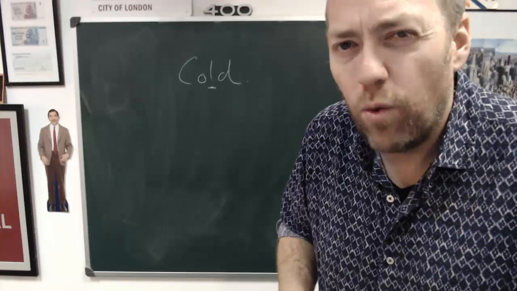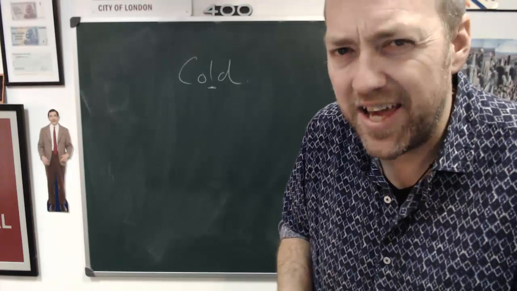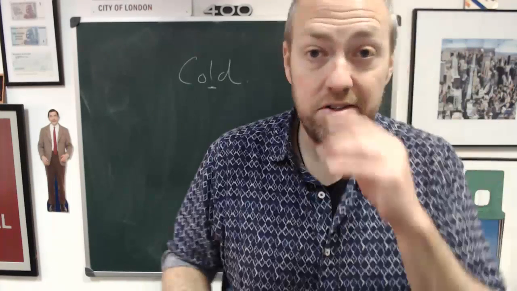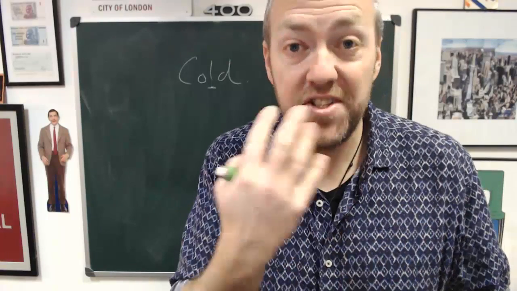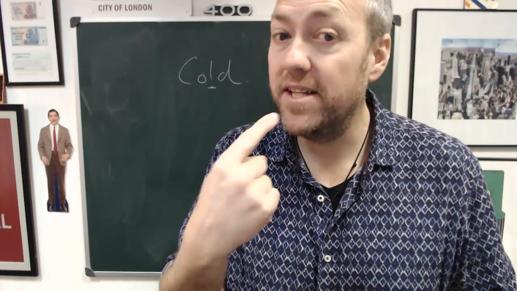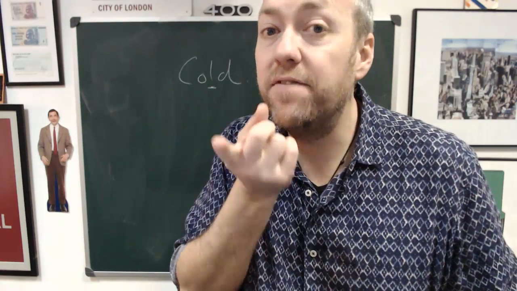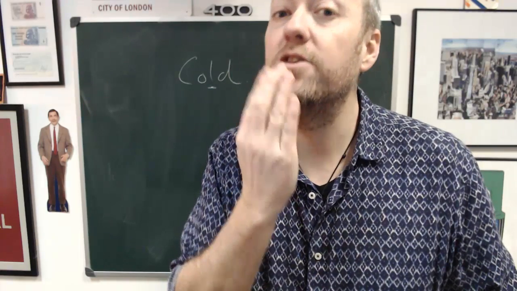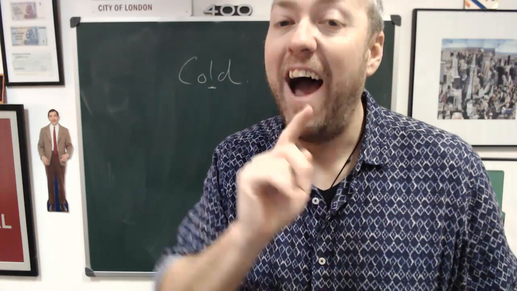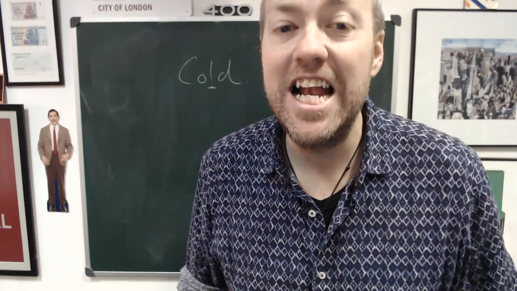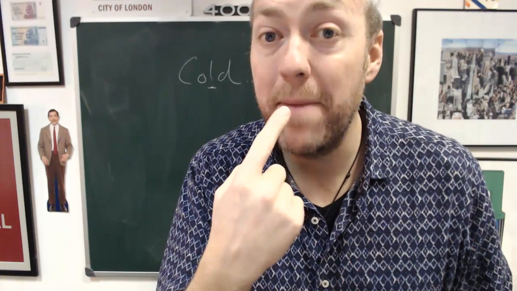Now, why do we not pronounce the L? Because it's physically very difficult to pronounce the L. Because my tongue, I have to touch the top of my mouth here. You can see my tongue. Look, it's touching the top of my mouth.